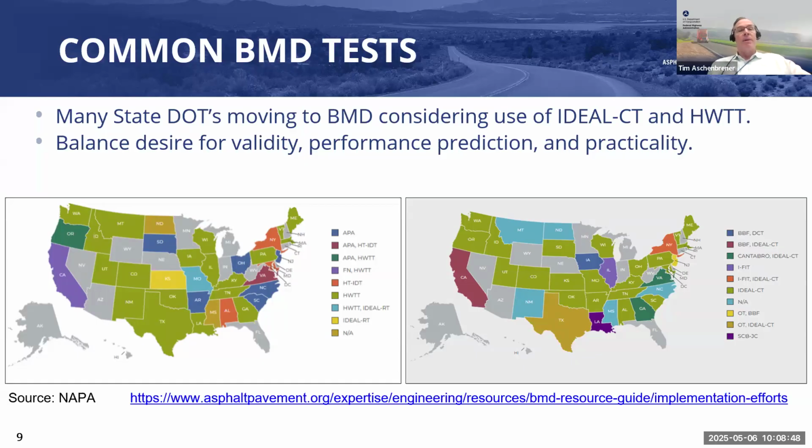Most commonly is the Hamburg wheel track test. There's probably 22 states that are looking at the Hamburg in terms of a rutting test. And then on the right side, you see the list of tests that are used for cracking. And most commonly there, we're seeing states select the IDEAL-CT. I think there's about 22 states that are looking at the IDEAL-CT as their cracking test.